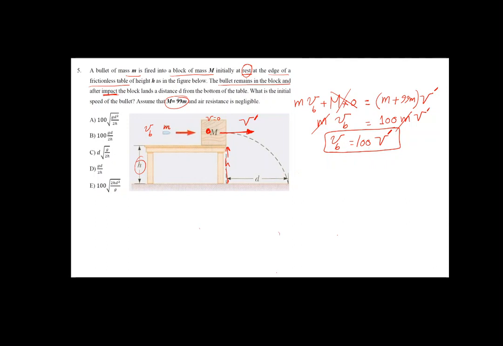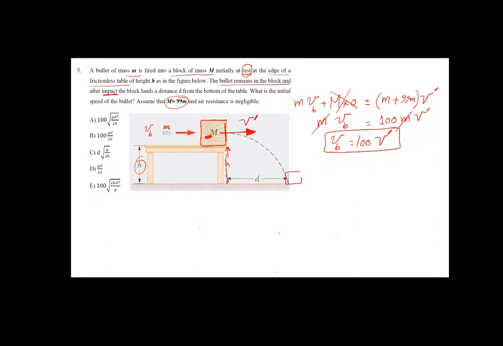Then what is the second part of this problem? The second part is the block. The block now with the bullet inside it. They have a mass now, as we said, it's 100 m. But we don't care about the mass in the projectile. They have an initial speed. What is the initial speed of this projectile? It's V prime, because this is the initial speed of the projectile.